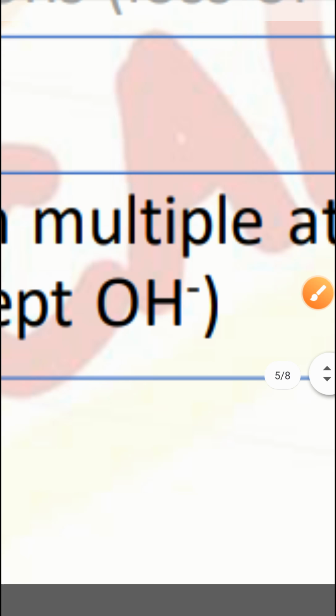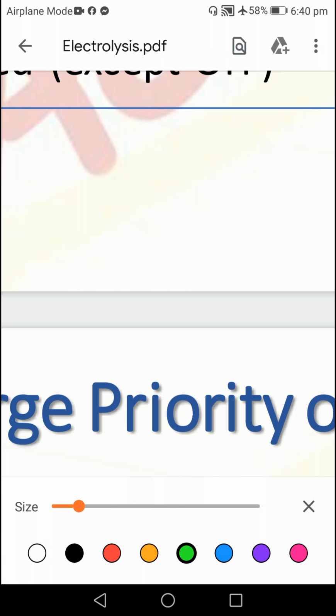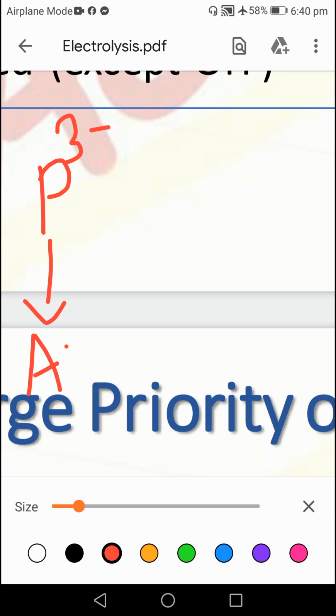For example, I am asking you to write an equation for the discharge or neutralization of phosphorus 3 minus. So what is this? This is a negative ion, or anion.